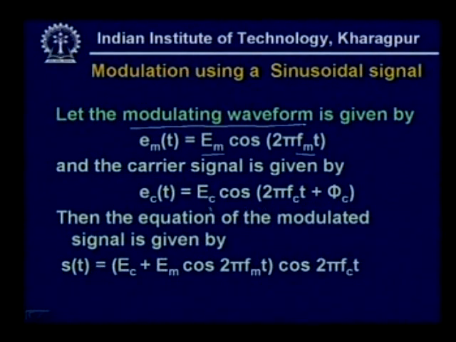Here you see the maximum amplitude is E_c, it has frequency f_c and a phase difference φ_c. Then the equation of the modulated signal can be given by s(t) = (E_c + E_m cos(2π f_m t)) cos(2π f_c t). So this is the signal which is generated after modulation.